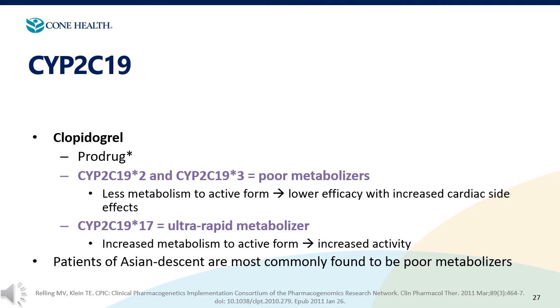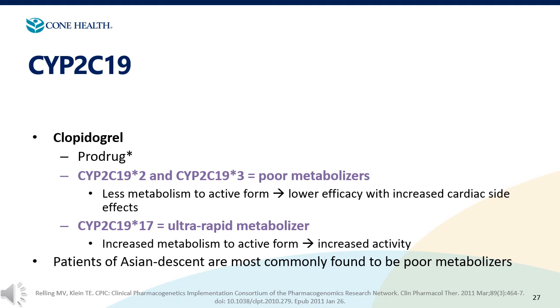Clopidogrel is one of the weird ones, since it's a prodrug that is metabolized by CYP2C19 to an active form. Phenotypes 2 and 3 are poor metabolizers, which leads to less metabolism into the active form and lower efficacy, but with this we can also see increased cardiac side effects.